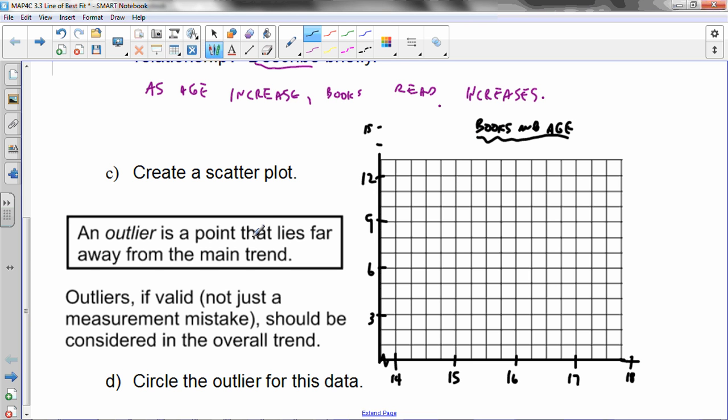And we're going to do some, draw the scatter plots. 16, 5, 15, 3, 18, and 8.